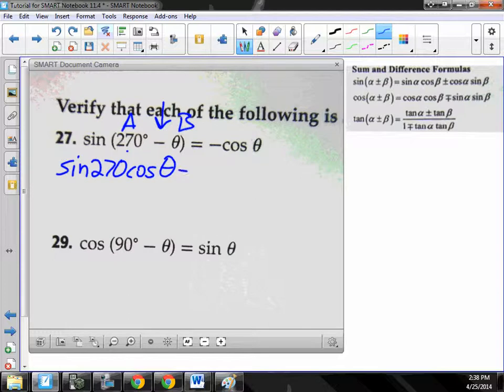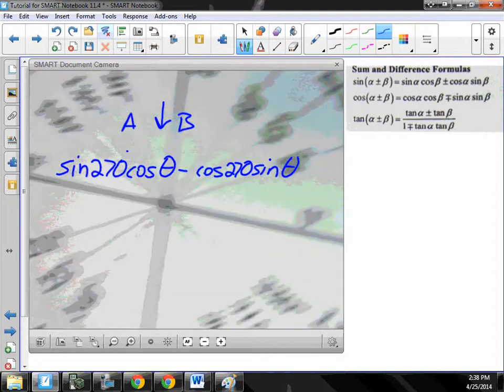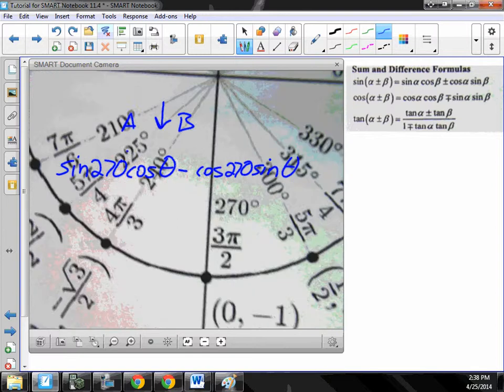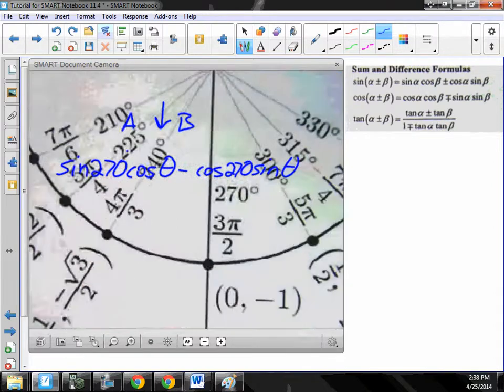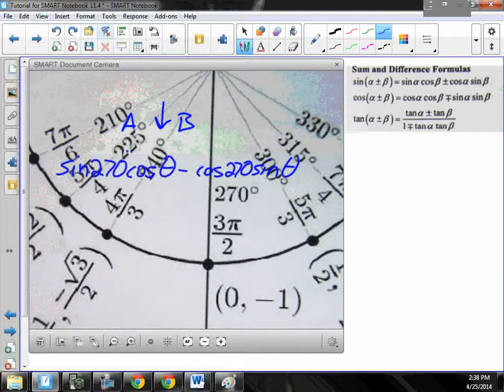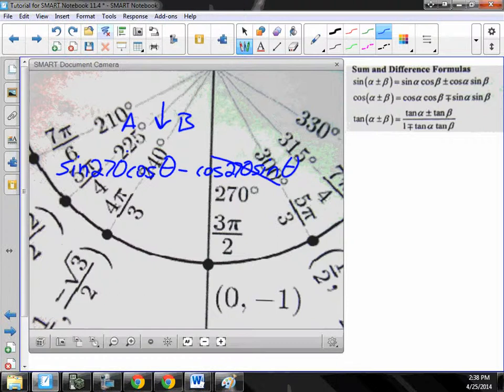Minus cosine of 270 sine of theta. Do we know any of those ratios? Well, what is the cosine of 270? 0. And what is 0 times the sine of any angle? 0, so this crosses out.